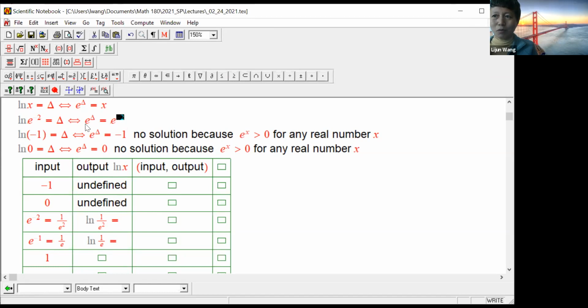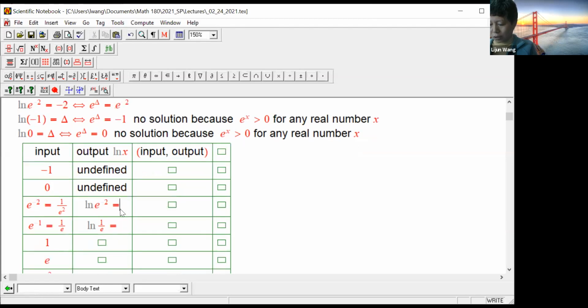The triangle has no other choice but to be negative 2, isn't it? Do you guys see that? Does everybody see that? That is following the rule. So this is actually e to the power of negative 2.